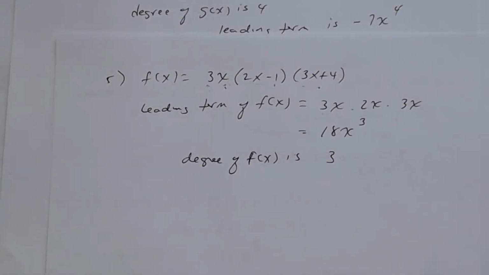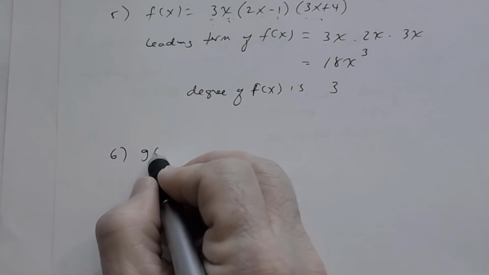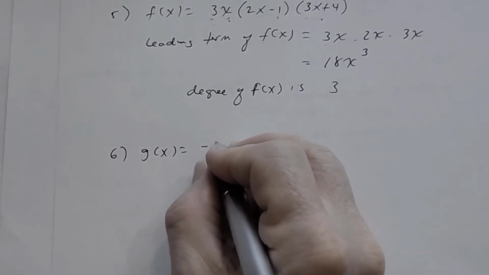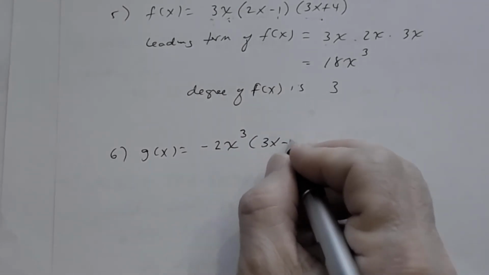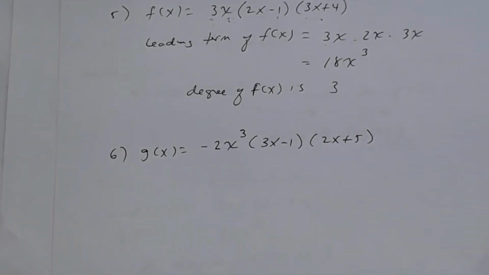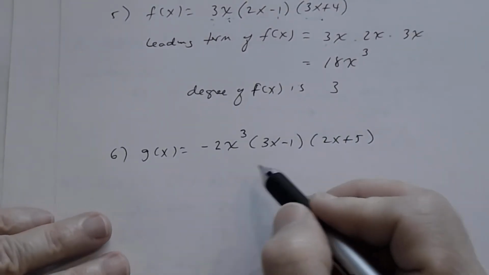All right, number 6. Suppose we had g of x is equal to negative 2x cubed times 3x minus 1 times 2x plus 5. Let's say we had that. Okay? So again, you need to look at all your factors.